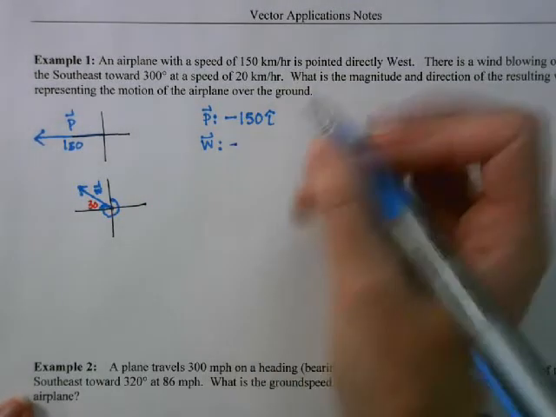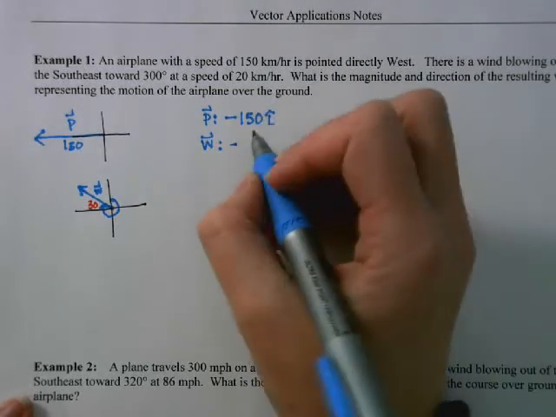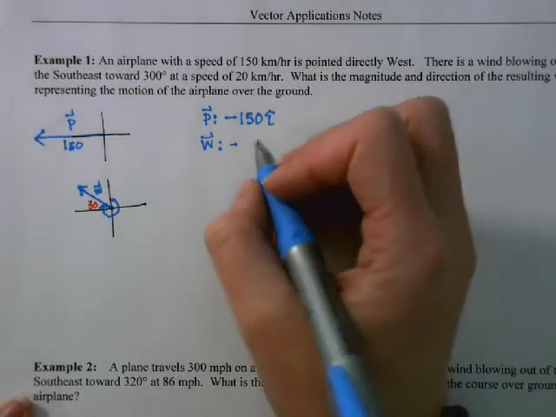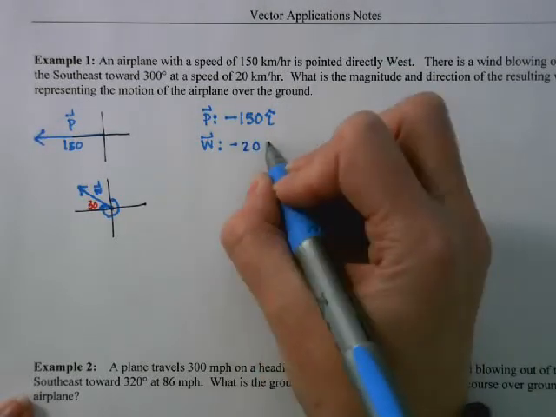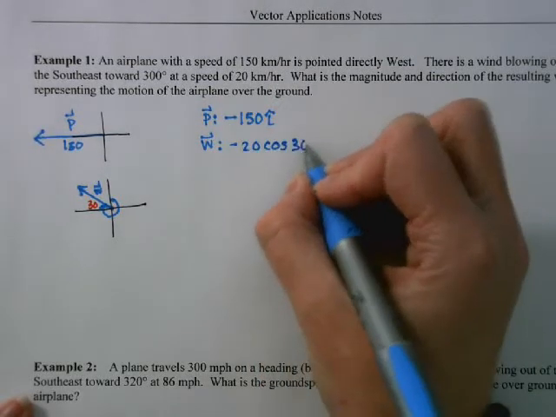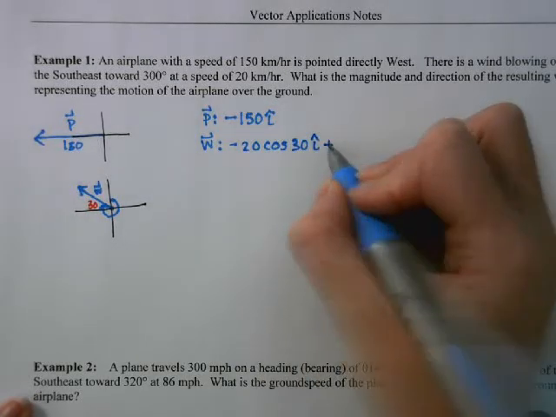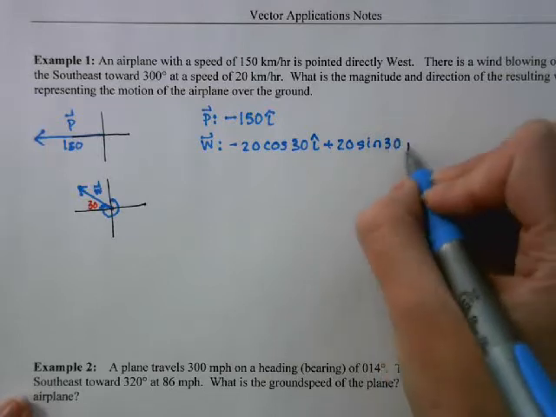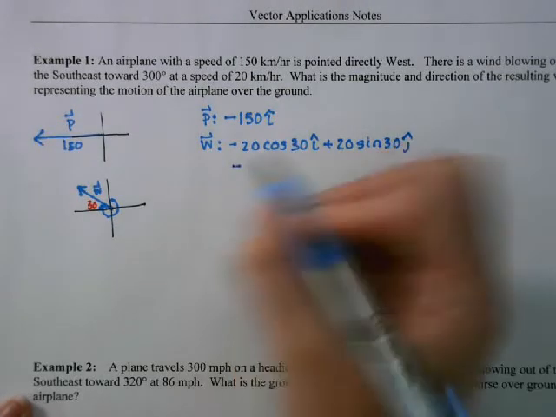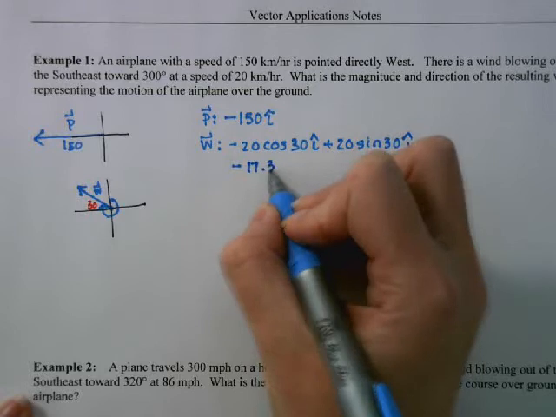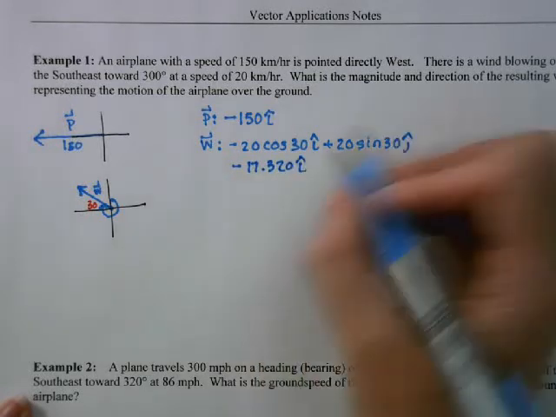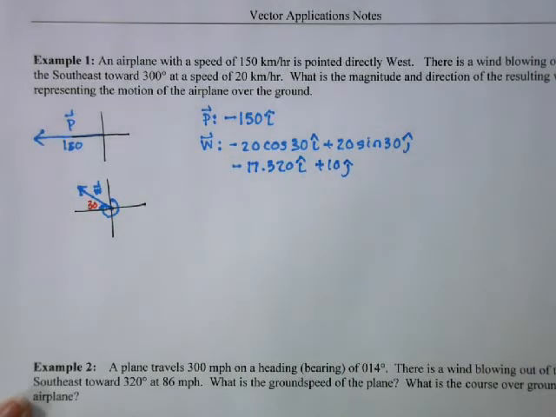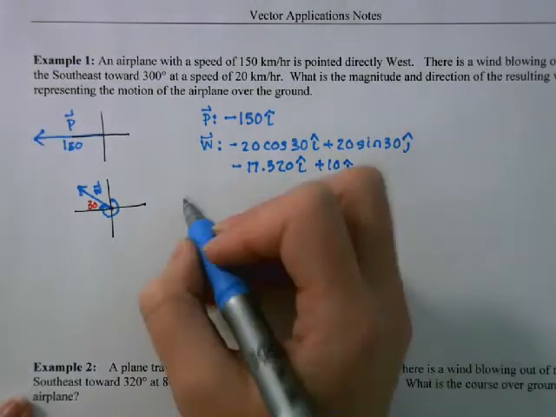So my components are going to be negative. The magnitude was 20. 20 cosine the reference angle 30 in the x direction, positive 20 sine 30 in the j direction. Use your calculator, I trust you can do that. So that's my components there.